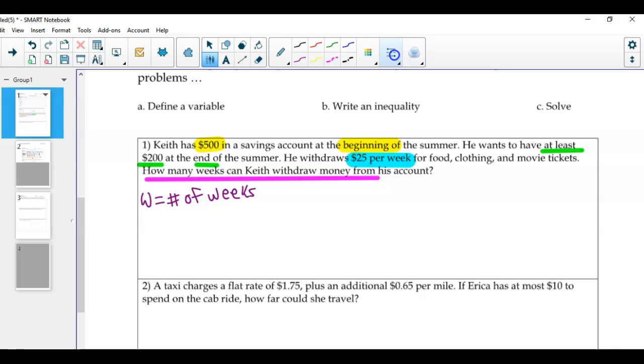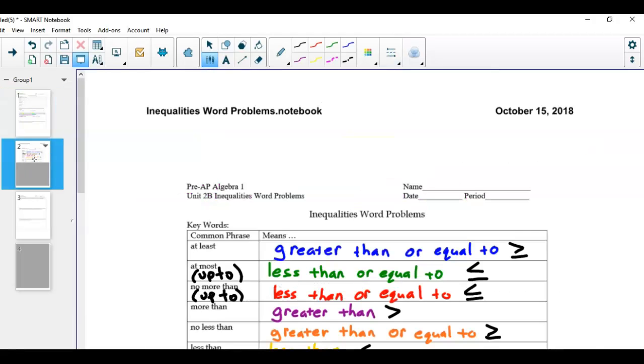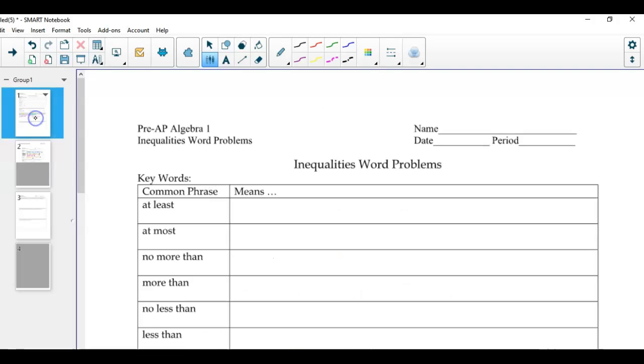He's withdrawing money every week, so that $500 is lowering every week. So that's going to be a subtraction. We know he's subtracting $25 each week. We don't know how many weeks, so that's where our multiplication comes in. We know he wants to have at least, and at least is greater than or equal to.